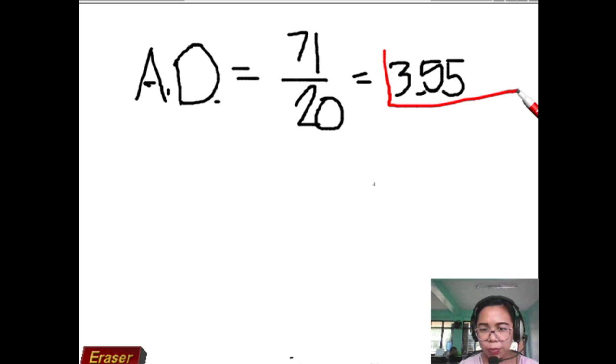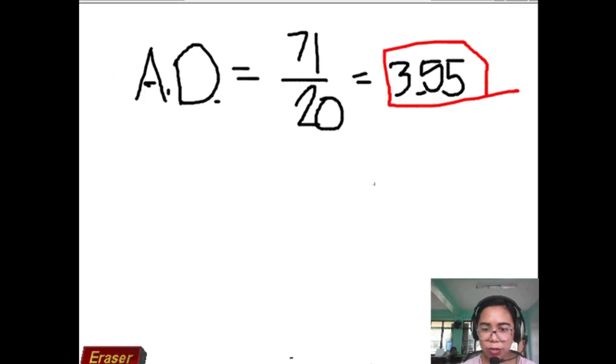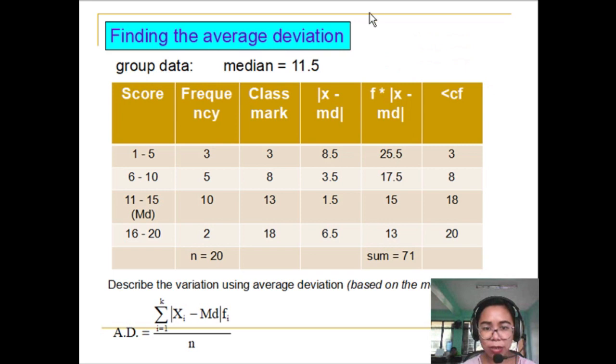Okay, so how do we interpret 3.55? So we describe the variation of the scores of the students in a particular test to vary by about 3.55 or about 4 points using the average deviation based on the median.